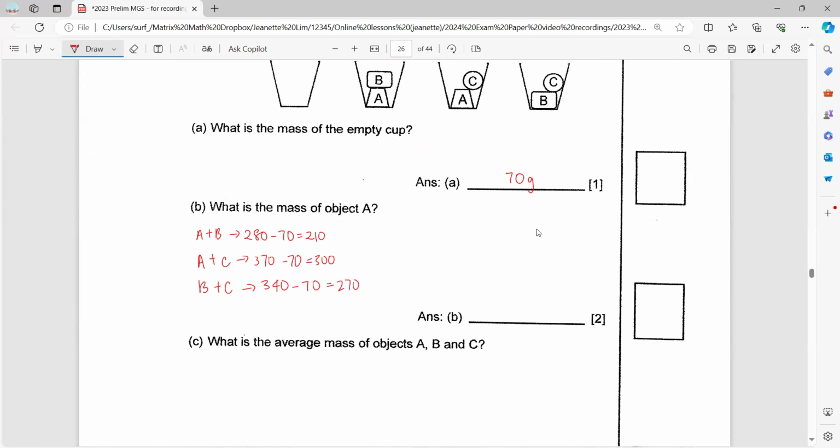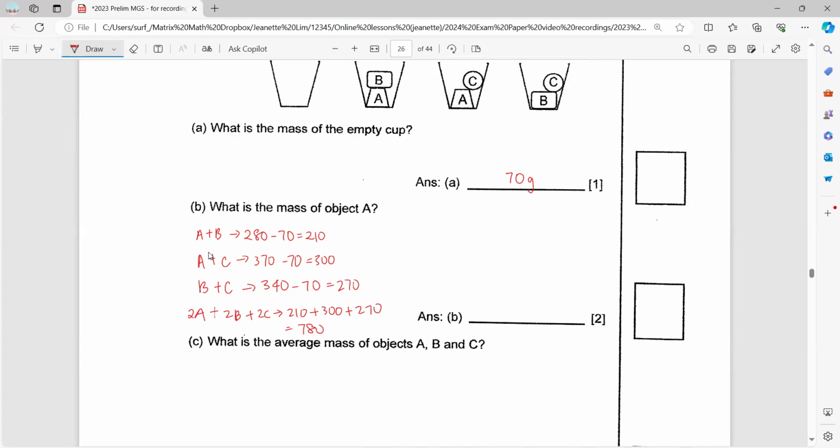Now, what we do here is we'll add everything up. If you add everything up, you notice that you have 2 of A, 2 of B, 2 of C. And when you add everything up, you'll end up with 780.